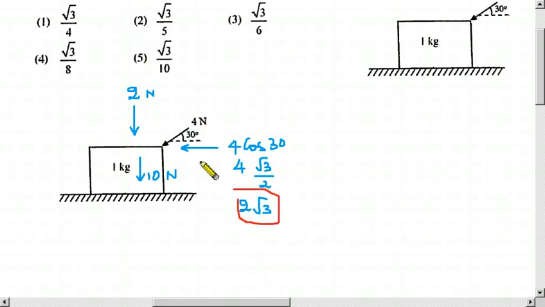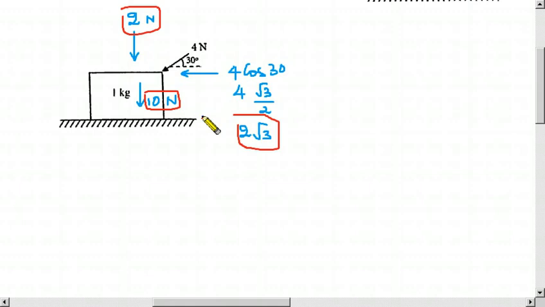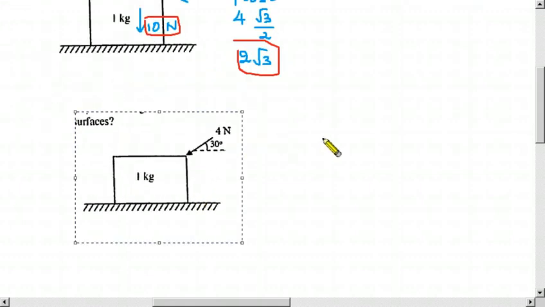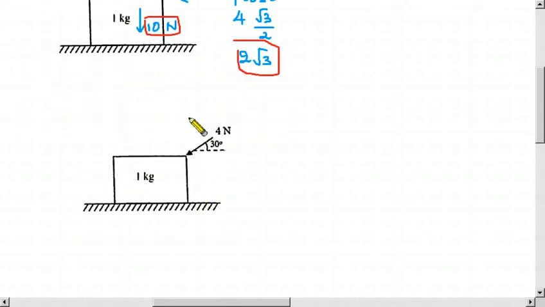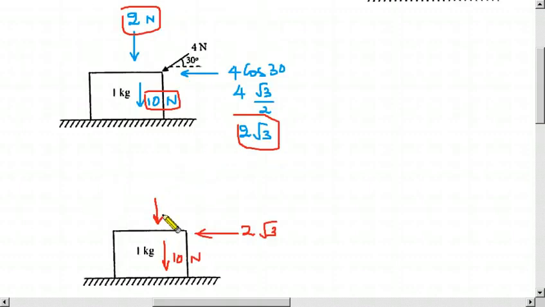These are the forces. So there is a force this way, 2 times root 3. There is a force this way, 10 Newton, that is by gravity. There is a force this way, 2 Newton, from this given 4 Newton.